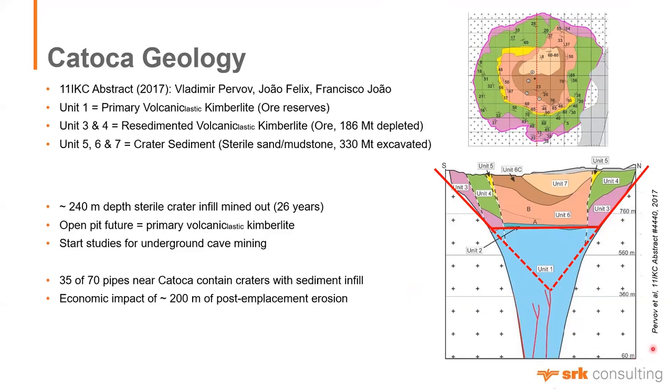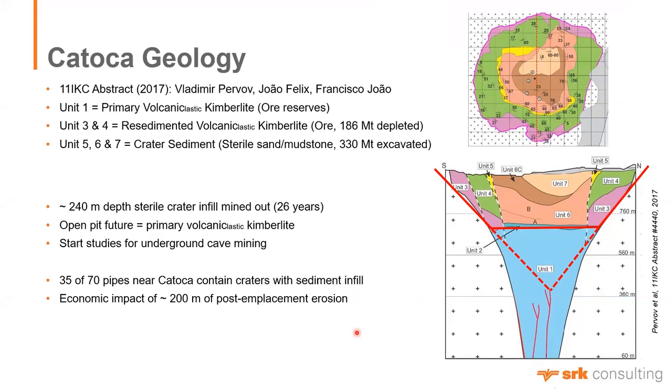If you look very carefully at this extended abstract from Vladimir Pervov, he says that 35 of 70 pipes near Katoka contain craters with sediment infill. 50% of the kimberlites in the area around Katoka that they have worked on have a plug of crater facies waste material that's sitting in the middle of the open pit.